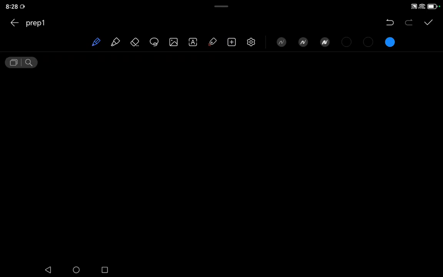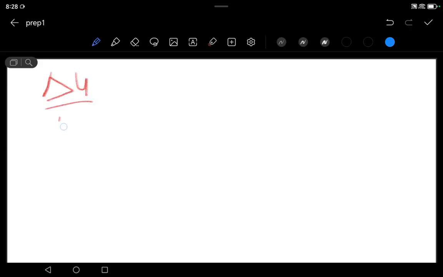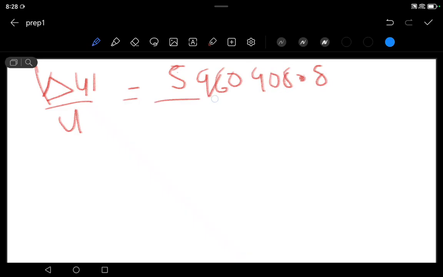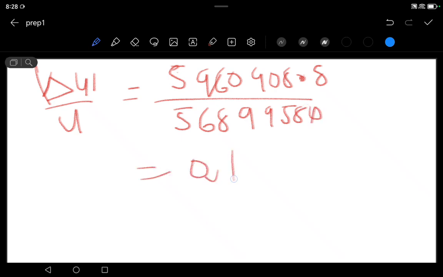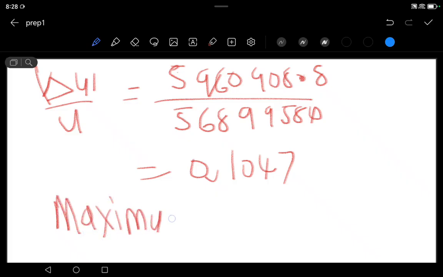Okay, so changing u over u, so it's gonna be 5,960,908.8 divided by 56,899,584, and then you're gonna get 0.1047. So the maximum percentage error, when they say maximum percentage error, you just multiply this by 100.